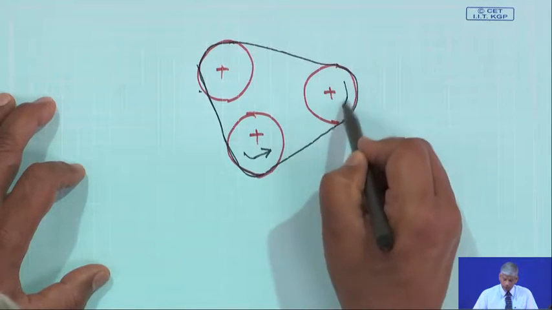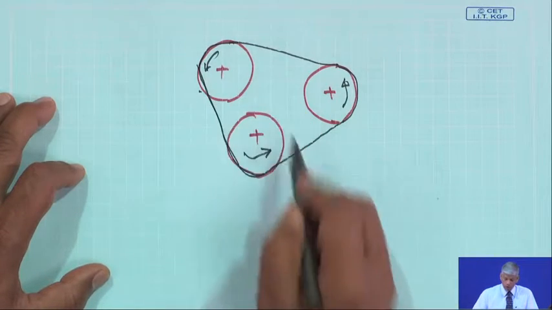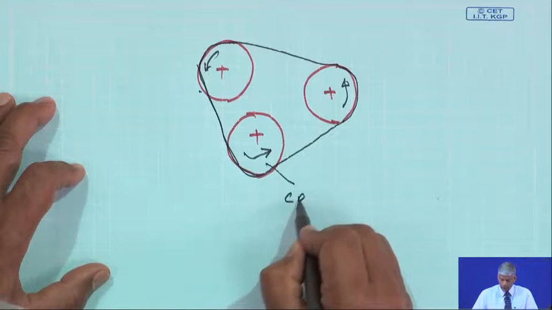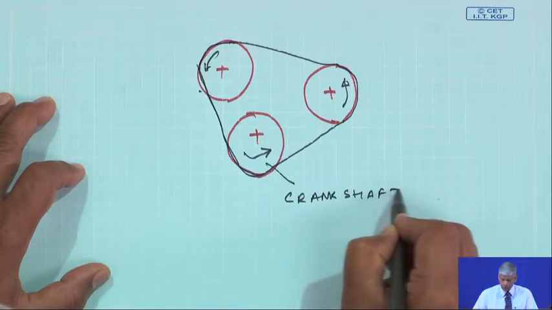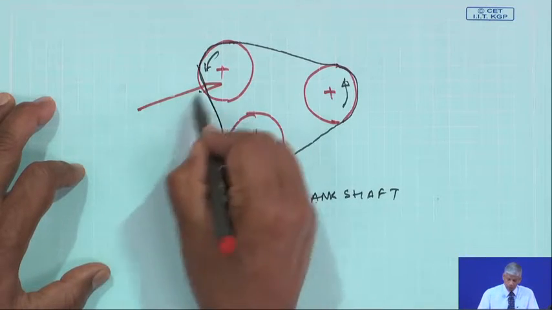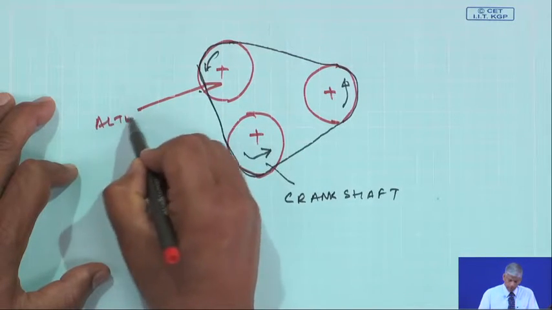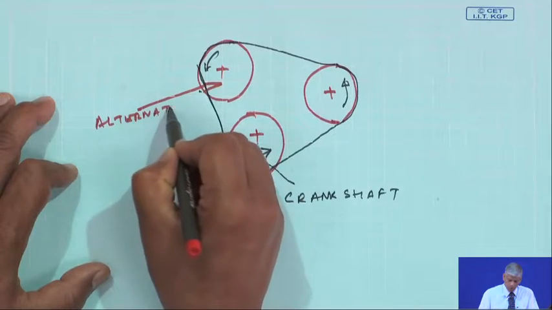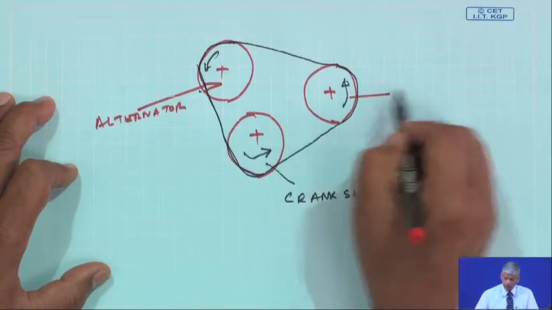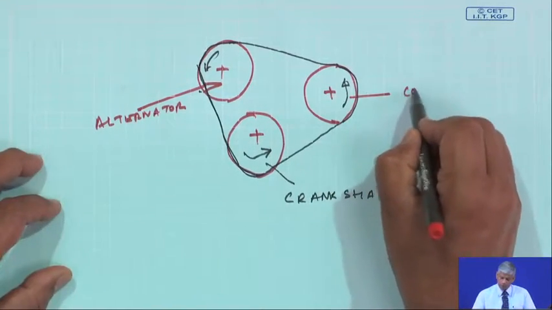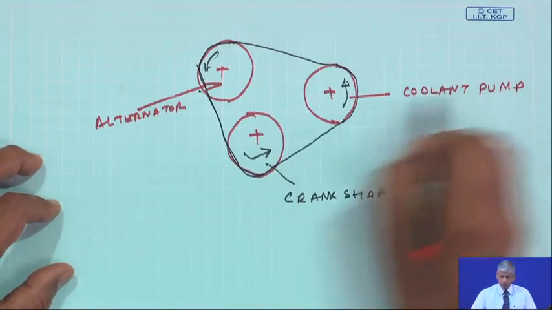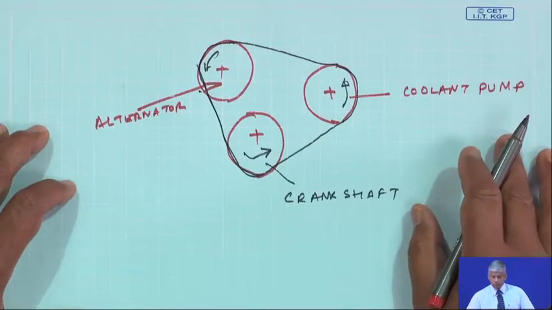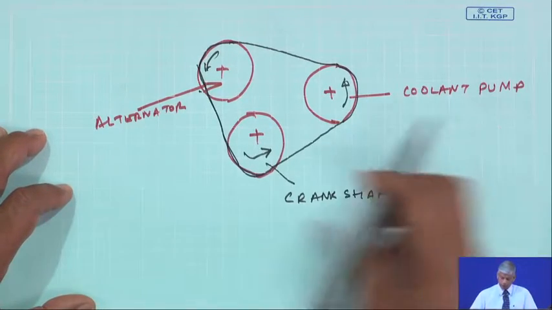If everybody is rotating and one is powering, maybe this is the crankshaft, and this is an alternator, and this could be maybe your coolant pump. And of course, there will be a few others like the AC compressor, but just for the sake of discussion I am doing this.